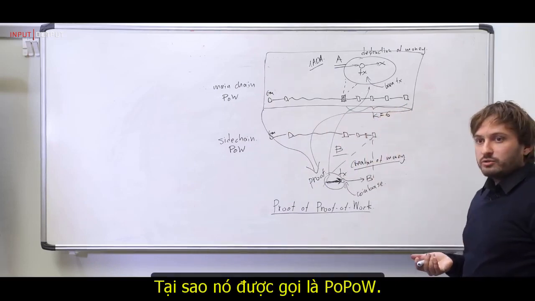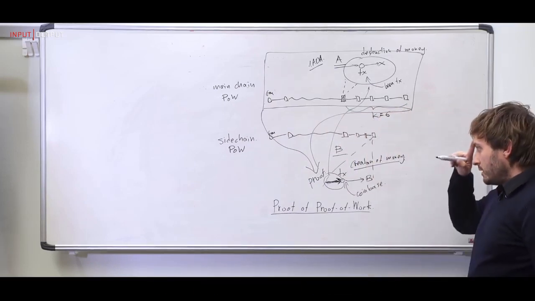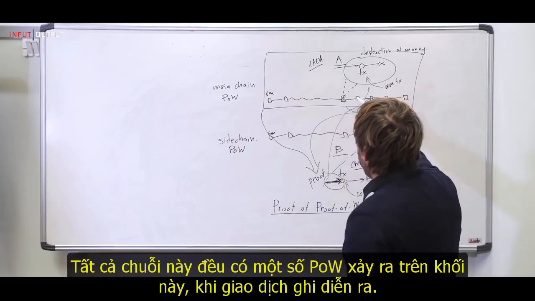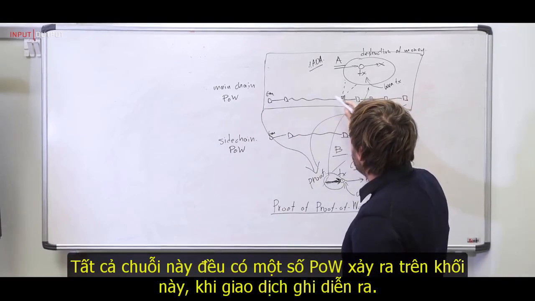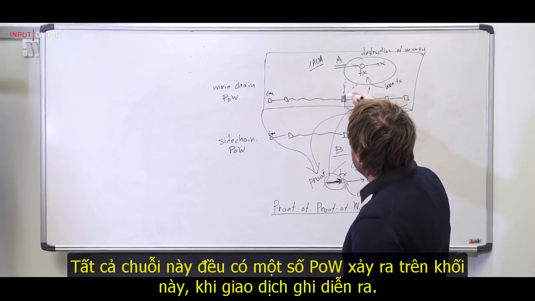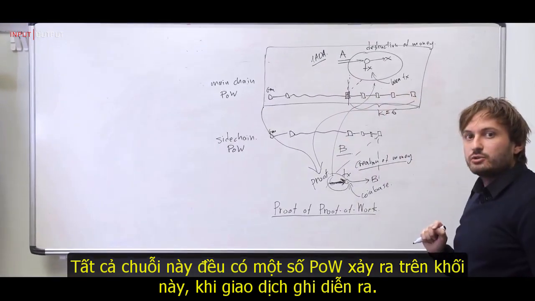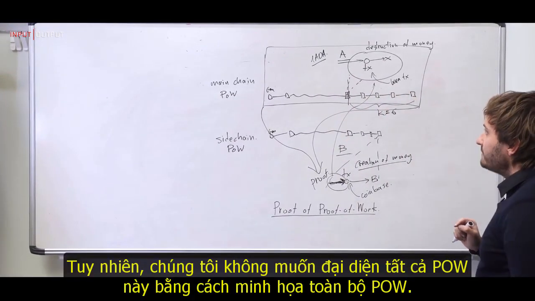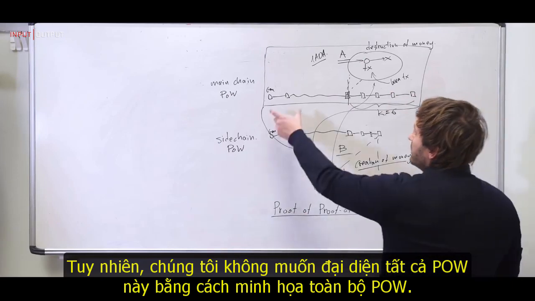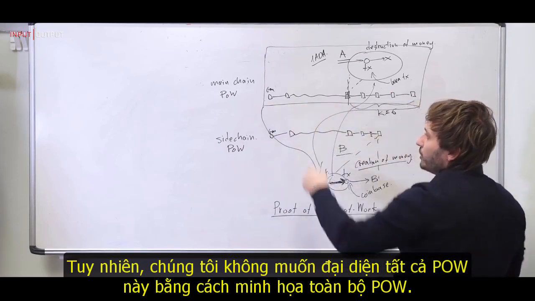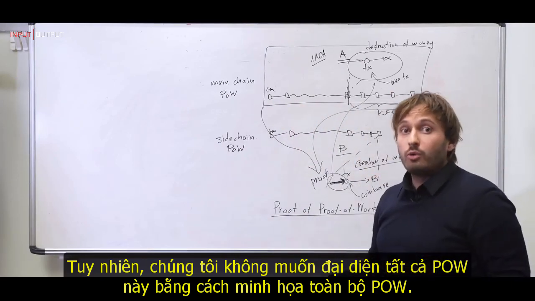Why is it called that? All of this chain had some proof of work happening up to this block in which the burn transaction took place. However, we don't want to represent all this proof of work by illustrating the whole proof of work.